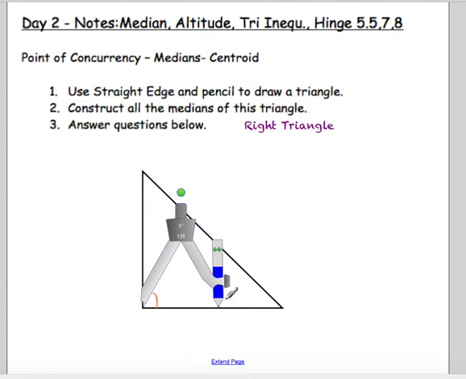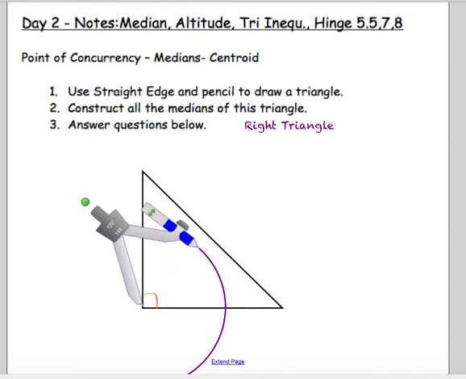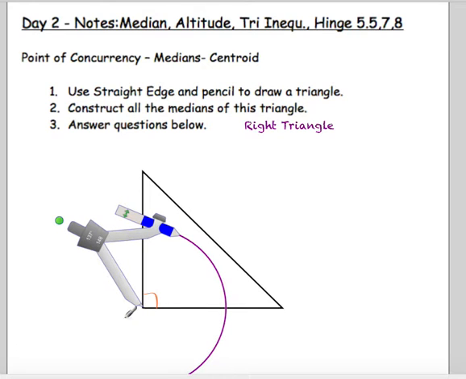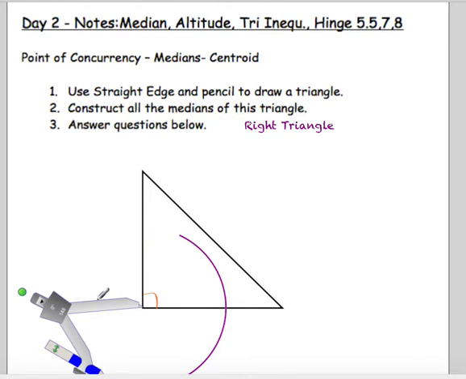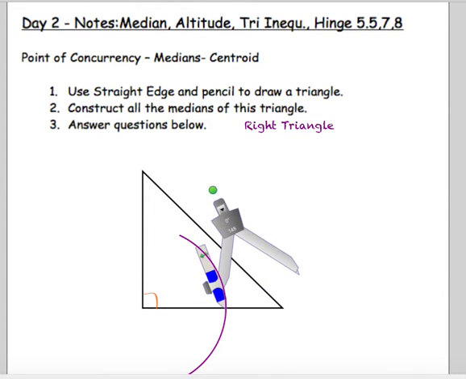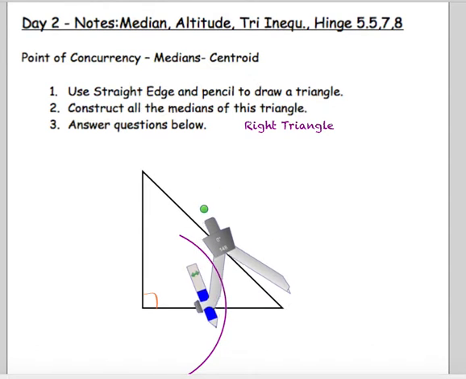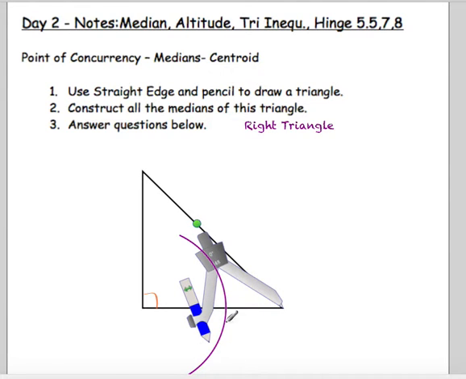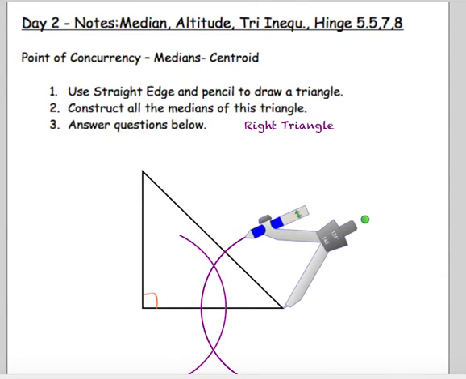So I'm going to start like I'm doing a perpendicular bisector of the bottom segment of the triangle here, again opening the compass more than halfway, and then drawing the arc, and then bringing it to the other side of the segment.